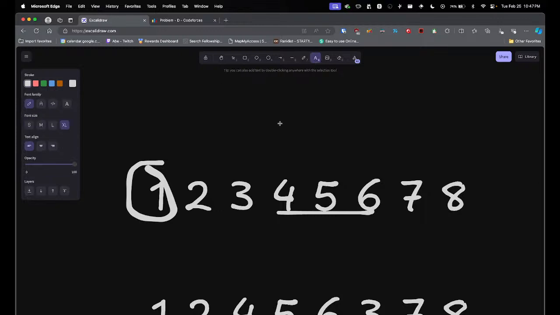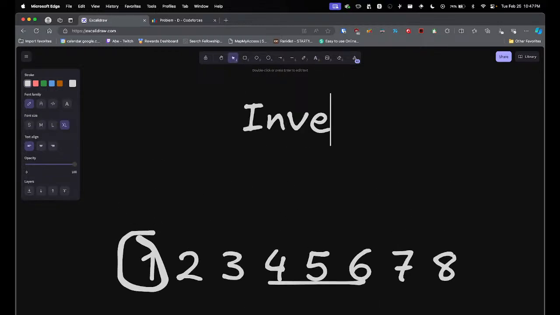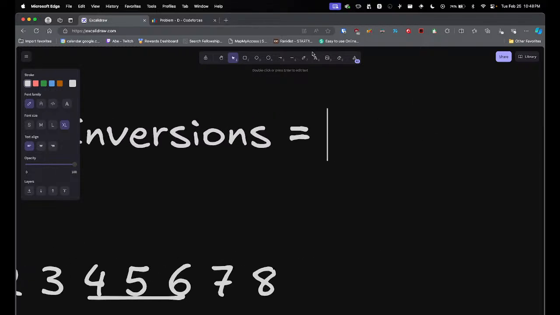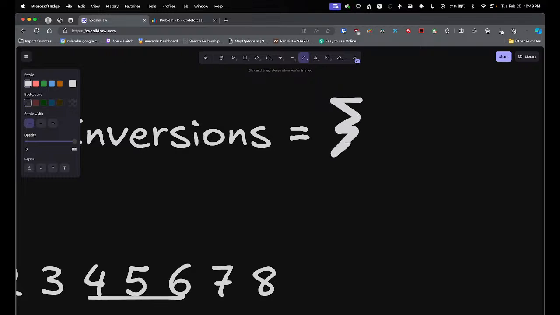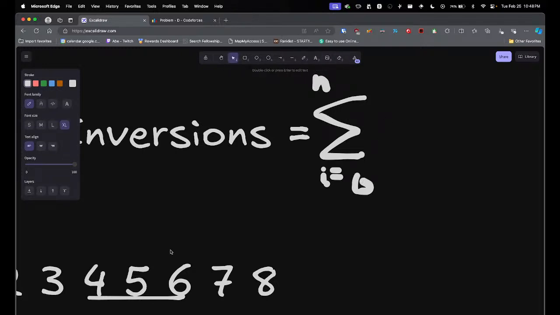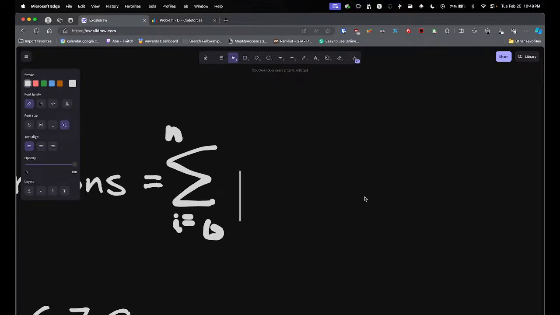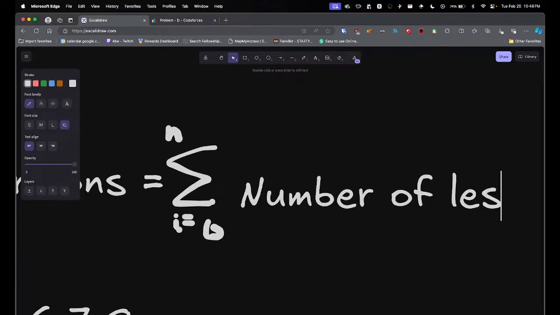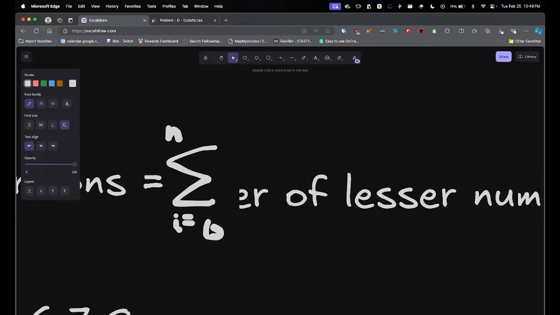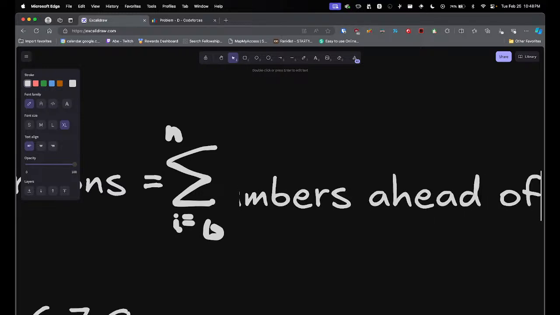So inversions is the summation over i from 0 to n, where for each index i I check the number of lesser numbers ahead of me.